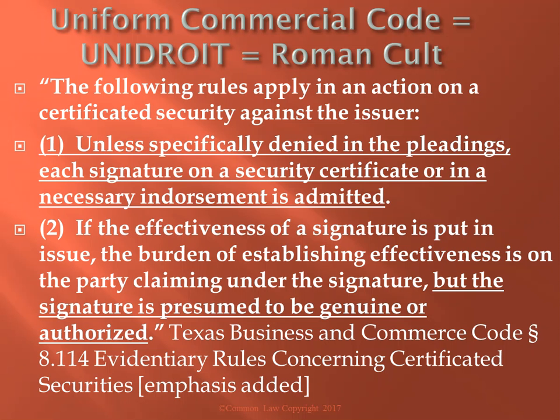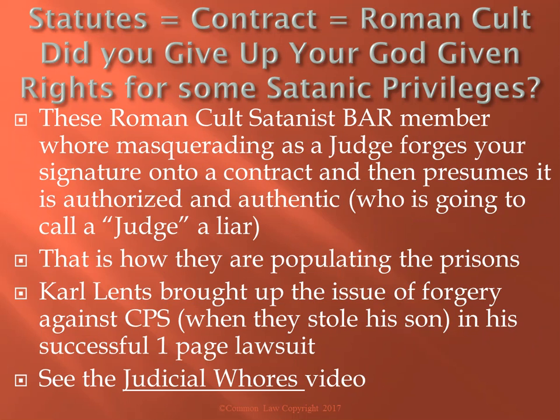If the effectiveness of a signature is put in issue, the burden of establishing effectiveness is on the party claiming under the signature, but the signature is presumed to be genuine or authorized. And so the point being is they're forging your signature onto a contract and then selling it on Wall Street and presuming it's valid. That's what they do.